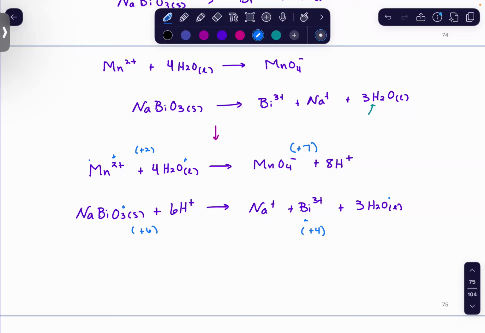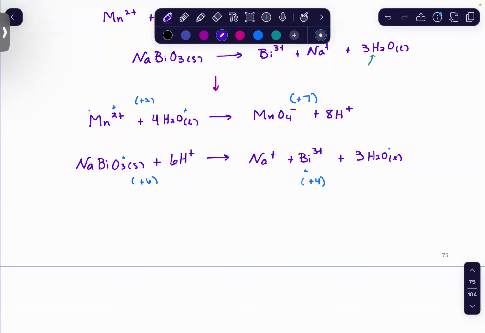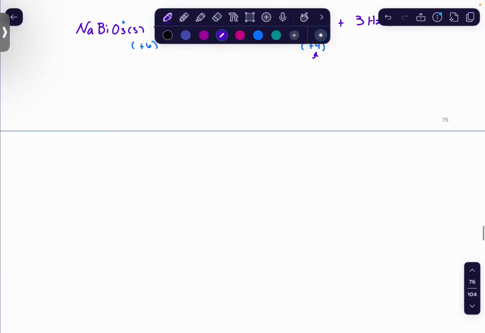Okay, so for my manganese equation, I'm going to need 5 electrons on the right. Because if you think about it, that's going to be +7 -5. So the 5 electrons equals +2, which equals the left-hand side. And then for my bismuth equation, I'm going to need 2 electrons on the left to take that +6 down to the +4 that you see on the right-hand side.